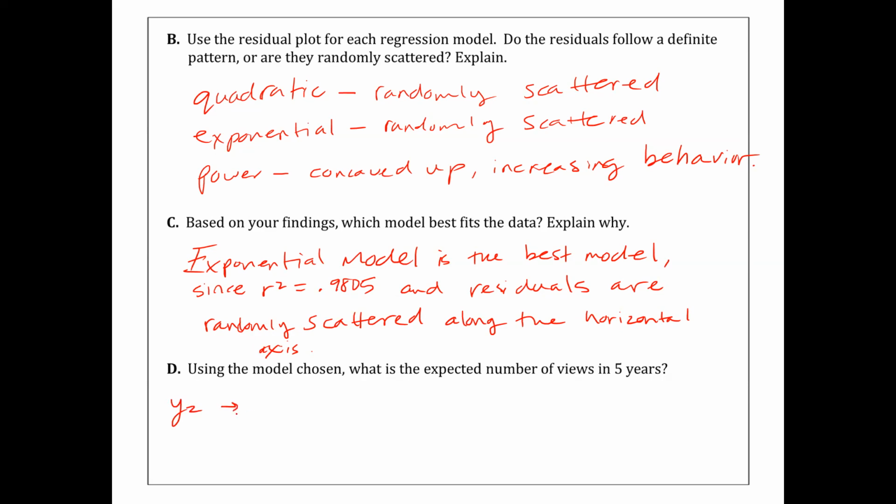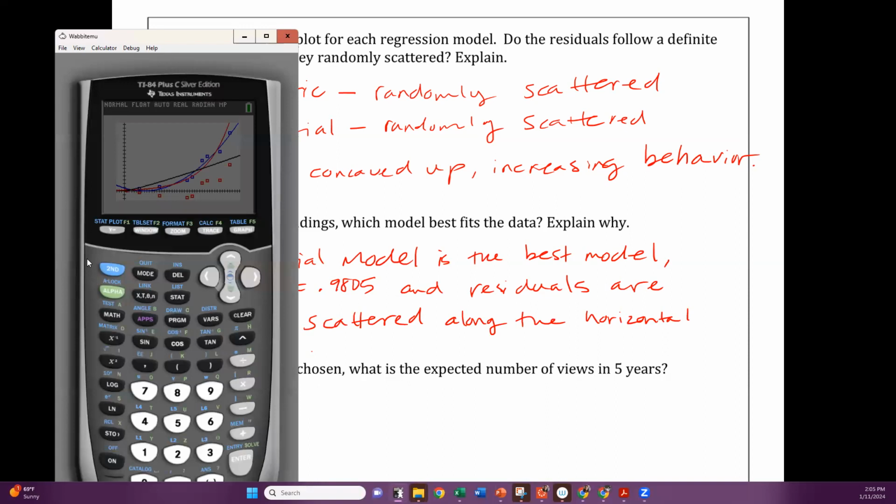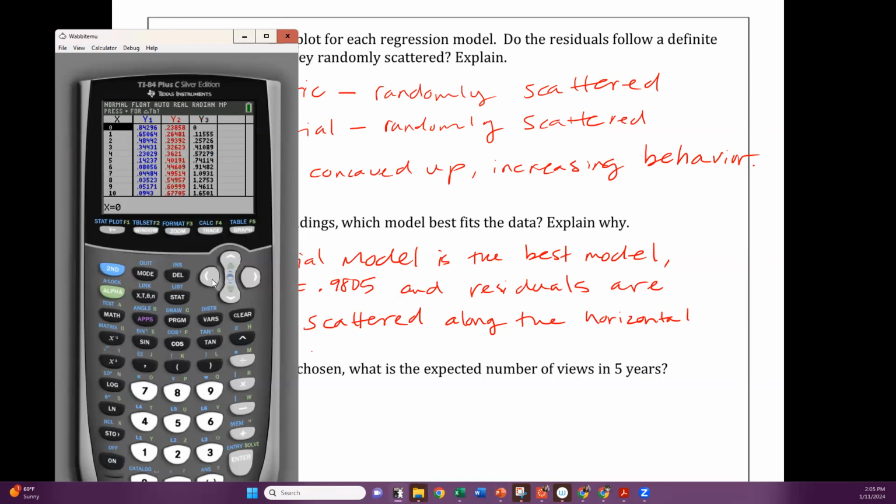So we're going to go look at our y2 on our table and find the value for 5. So here, I'm going to go to my table. I'm looking for the value of 5. And because y2 is our best option, we can go over and we can see what that value would be for the graph.